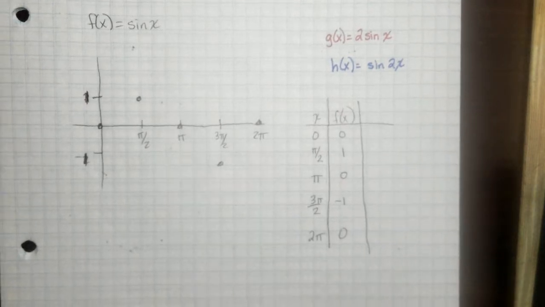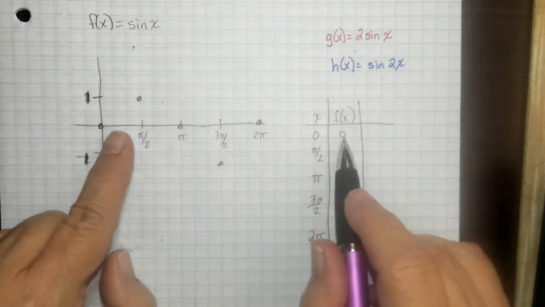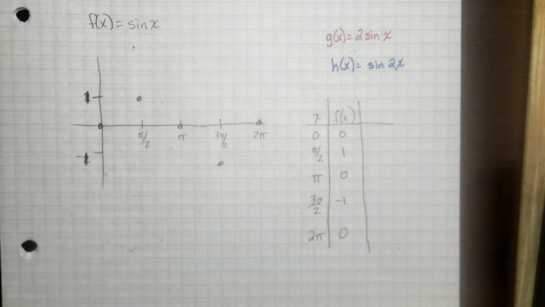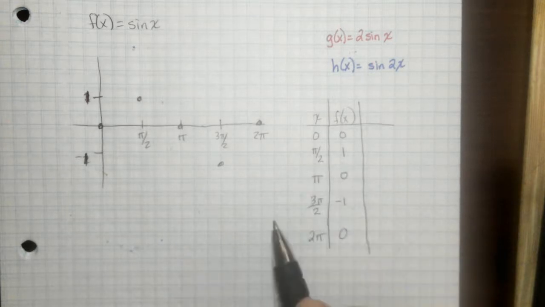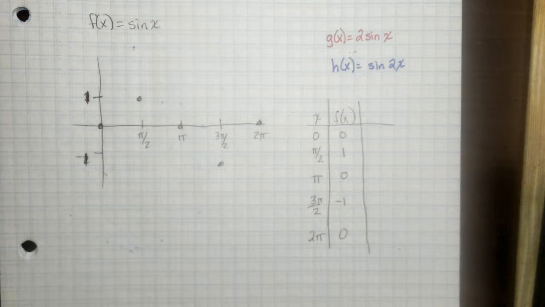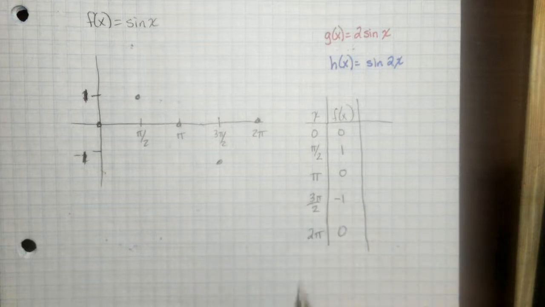All right, so if you remember our sine function, we're going around the unit circle. Sine is the y value. So at 0, sine is 0. Then when we go up in the unit circle, the sine at pi over 2 is 1. Then the sine of pi is 0.